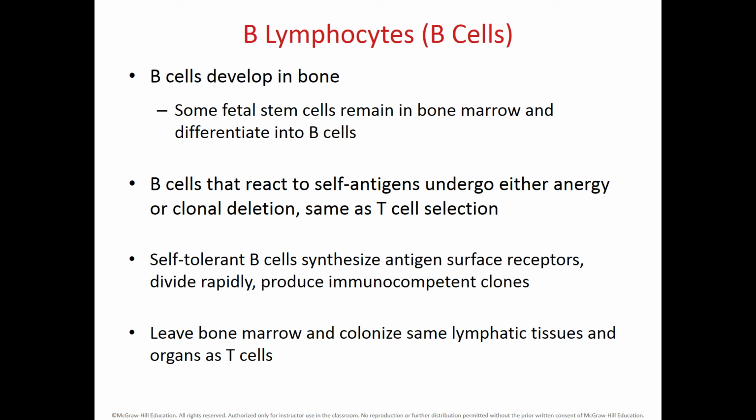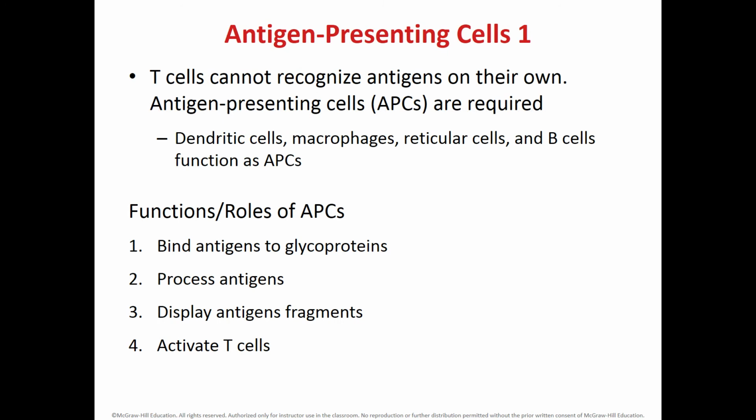They will leave the bone marrow once they're trained, and they will colonize the same lymphatic tissues as the T cells. So both T cells and B cells, once they're trained, will be located in the same areas. Now here's another point for your understanding.